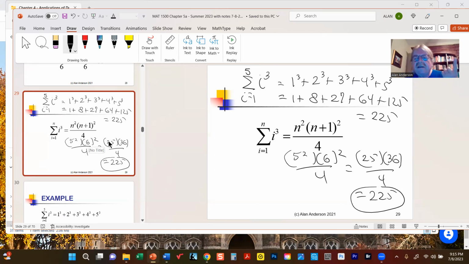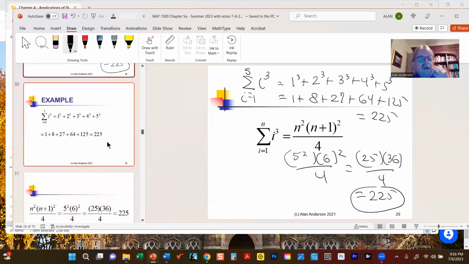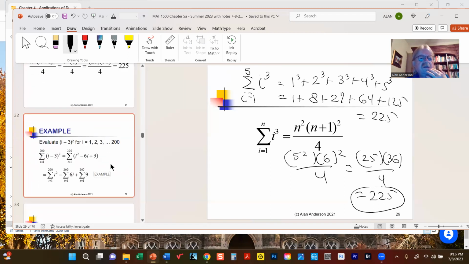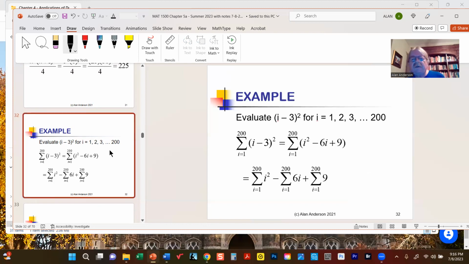So far we have the sum of i squared and i cubed. Are there any others? Oh, there's a bunch, but now here's one I like. We're going to take this scary looking expression, the sum of (i minus 3) squared. So (i minus 3) squared can and should be broken down.